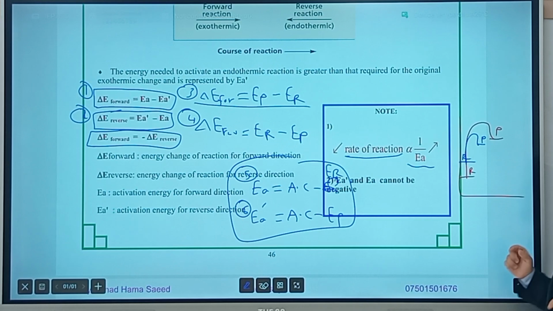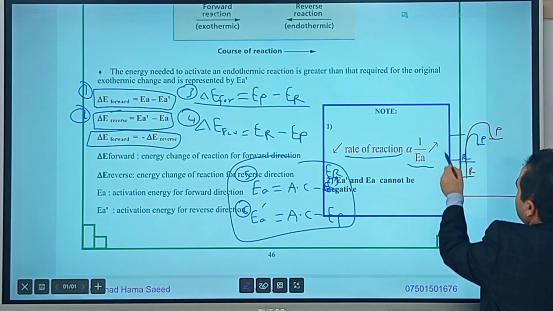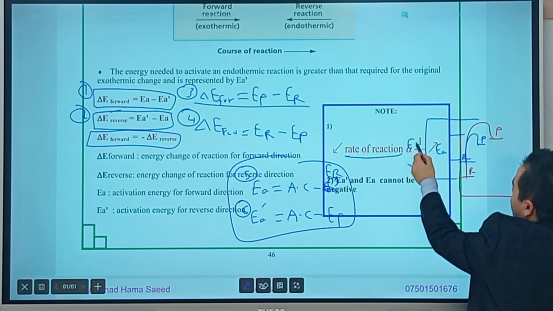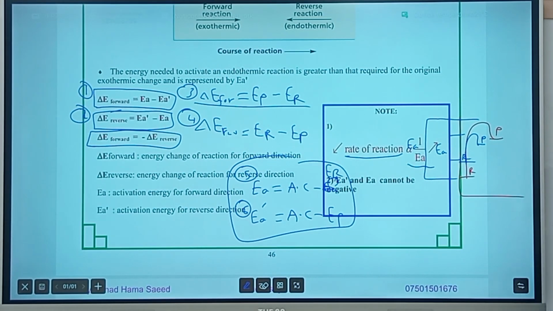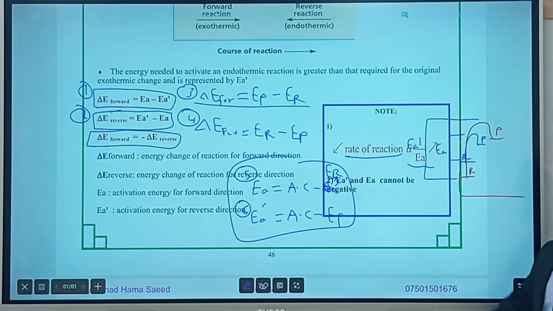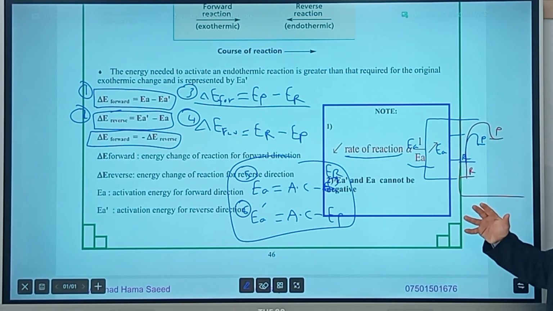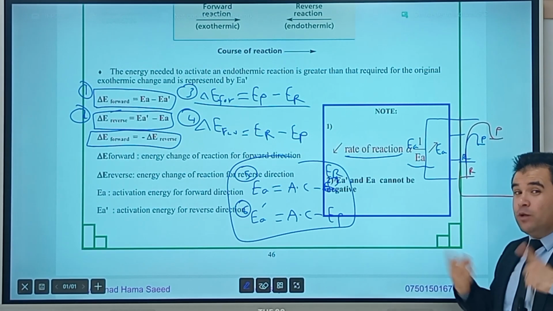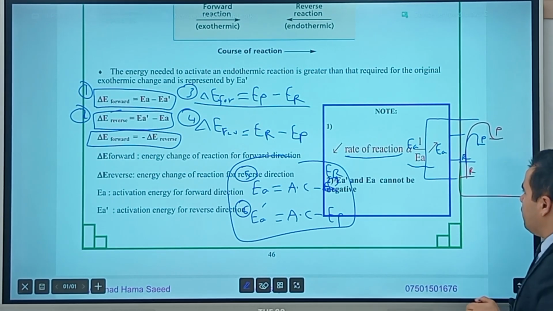The blue one, the EA for the blue one, and the EA for the red one. The EA of the red one is higher than the blue one. So having a higher EA makes the reaction rate slower, the reaction mechanism slower. So the speed of the reaction with EA is inversely proportional.